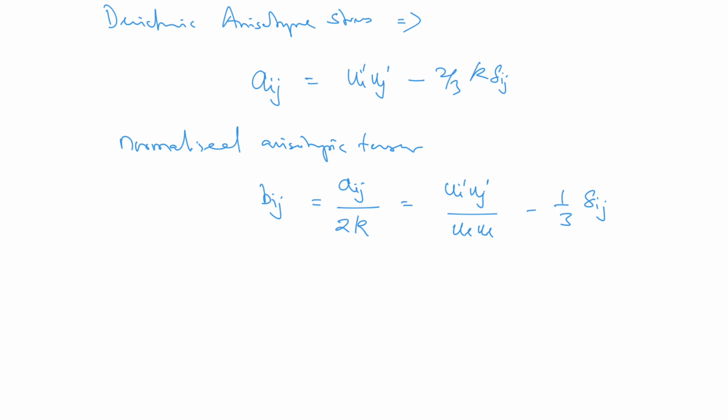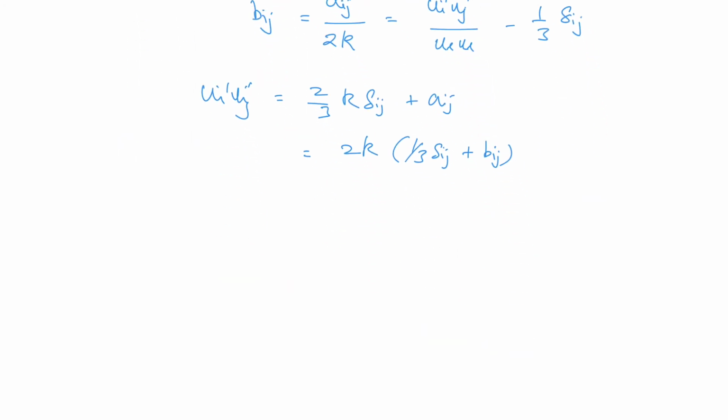So how can we write these Reynolds stresses? u_i u_j equals 2/3 k delta_ij plus a_ij, or 2k times (1/3 delta_ij plus b_ij). This is how we can write it.